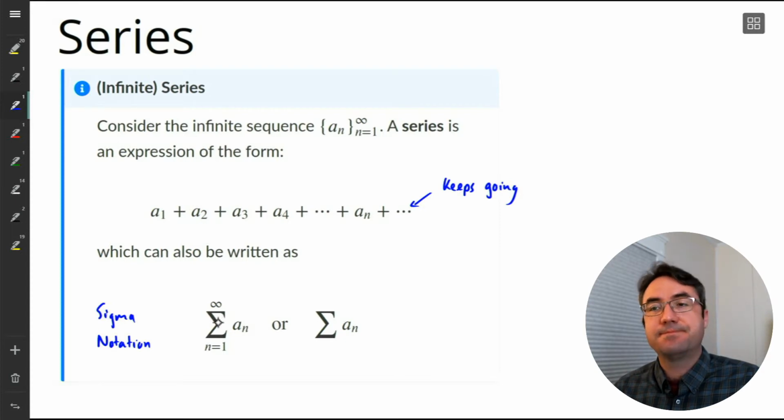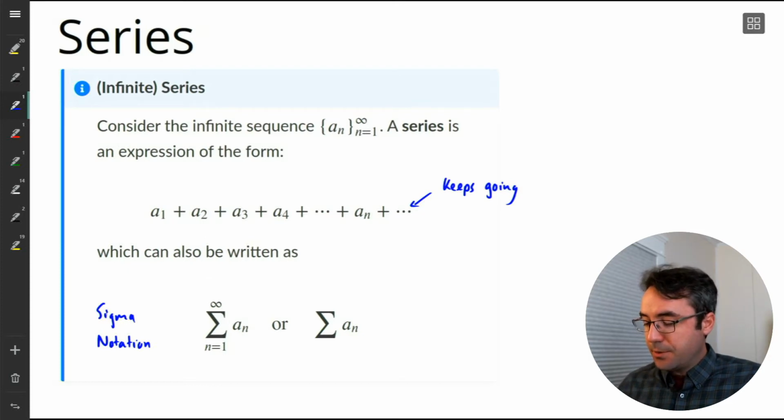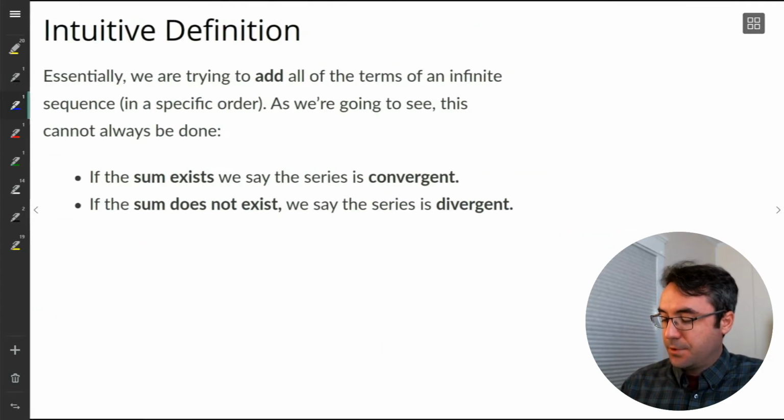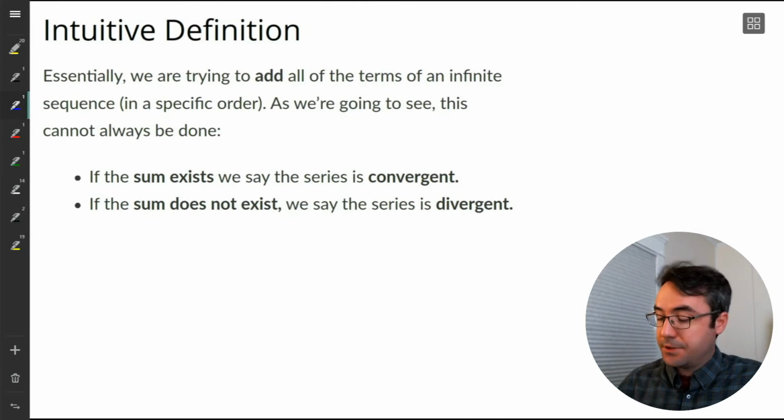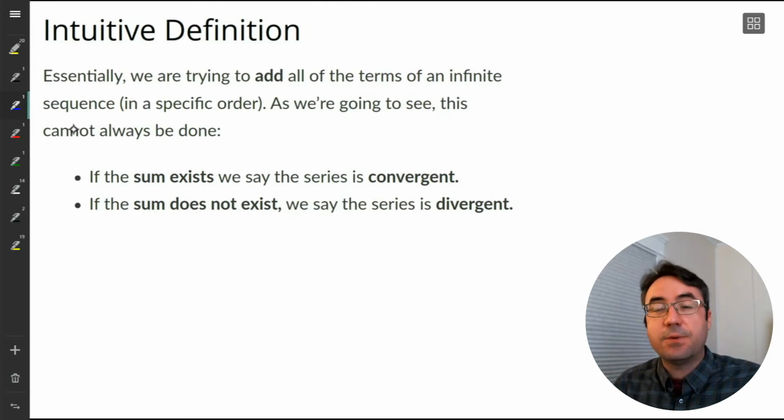It's a sigma, it's a sum, just tells us we're dealing with a series here. Or sometimes when we want to be a little bit more general, we just write sigma a_n for our series. So there are a few different representations for how we describe this. Essentially what we're doing with a series is trying to add up all the terms of an infinite sequence in a specific order.